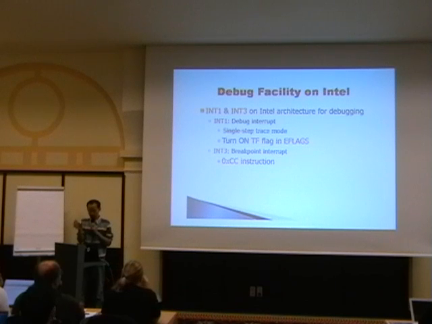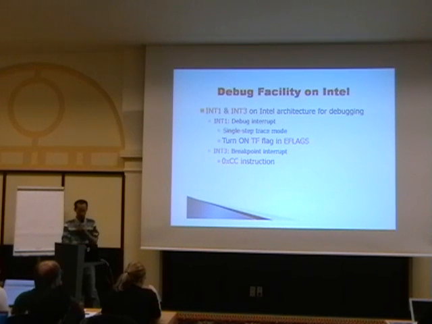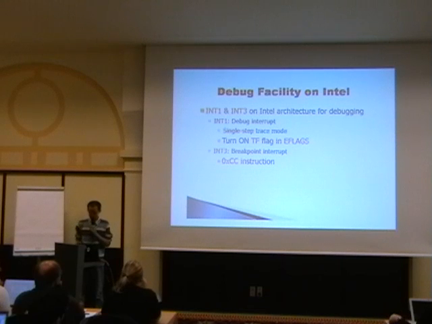Single step means that after each instruction, your debugged program is paused, so your debugger can come to inspect your program. You can turn on the single step mode by turning on the TF flag in the EFLAGS register on Intel. After each step, after each instruction, interrupt 1 is triggered.